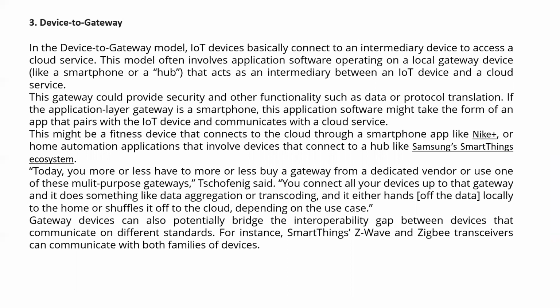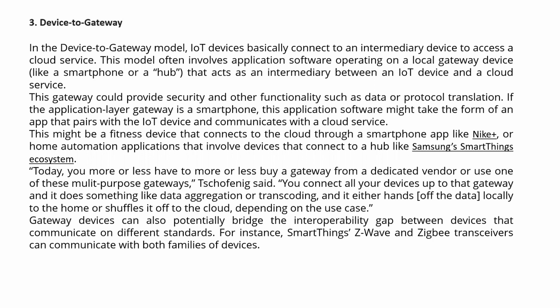Most of the time the smartphone is used as an intermediate device, or even hubs are used, to connect the IoT device with a cloud service. Why use this communication model? Because it can provide security and other functionalities such as data or protocol translation. Obviously, the gateway is responsible for protocol translation, because two different types of things have to be connected together.